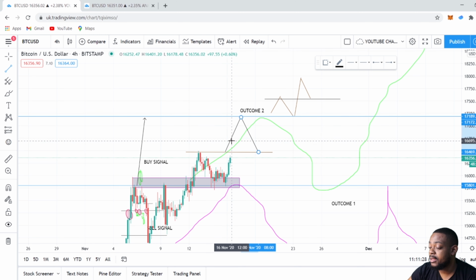So when it breaks this higher high, that would probably be about here, because it's not just going to go straight up.